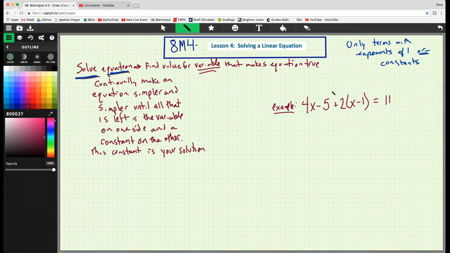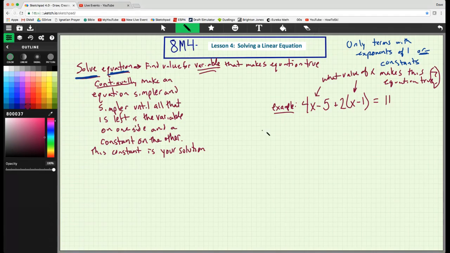So we are going to try and find out what value of x makes this equation true. Okay, that's our question. That's the whole question of today. And we're going to continue. The way we're going to do it is we're going to continually make an equation simpler and simpler until all that is left is a variable on one side, like the left side, and a constant number on the right side. And then that constant will be our solution.